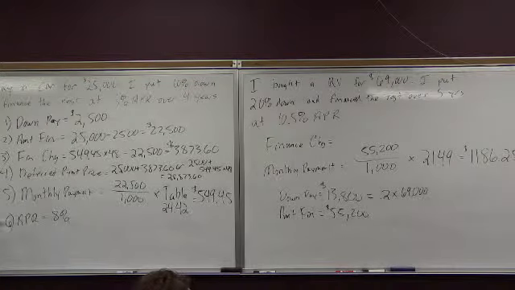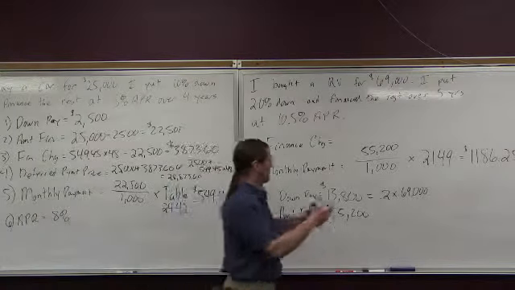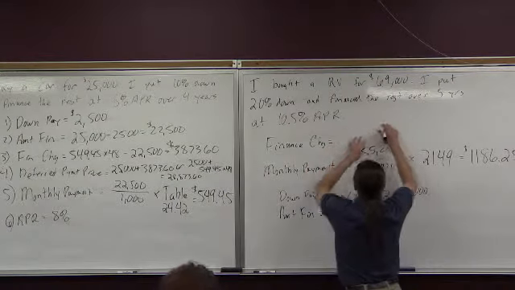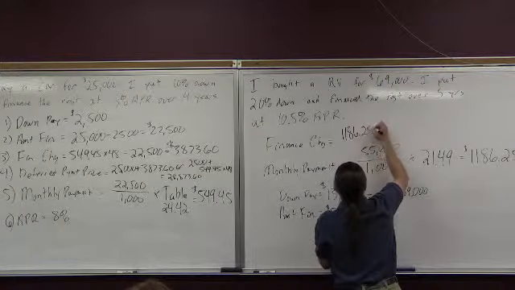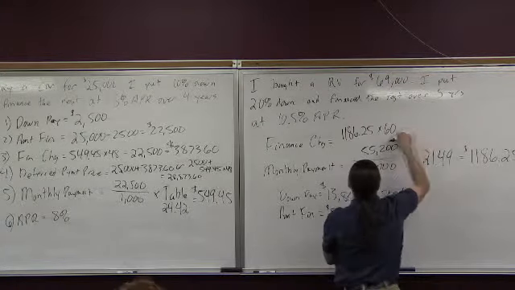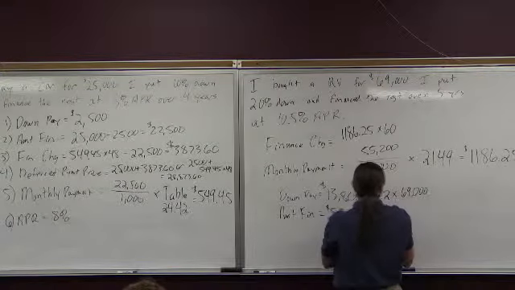All right, so how am I going to figure out my finance charge then? How'd we figure it out? Monthly payment, 1186.25 times 60, because 5 years is 60 payments, and then what do we do?